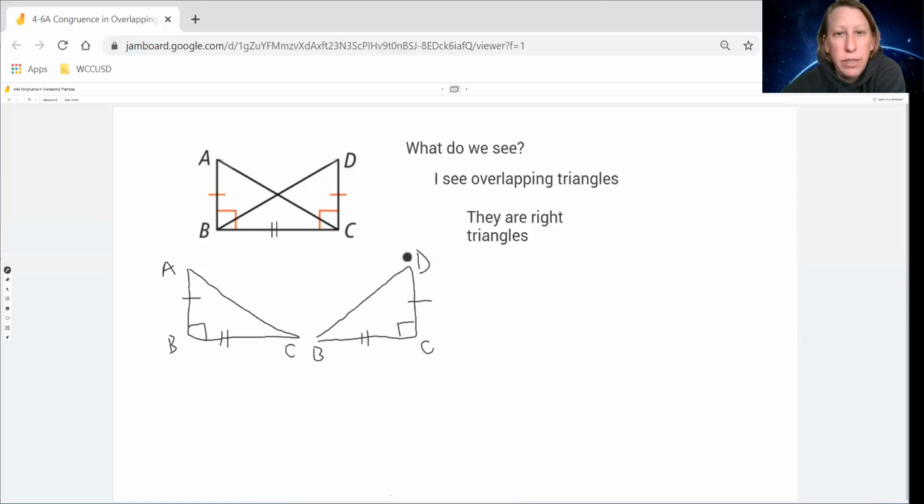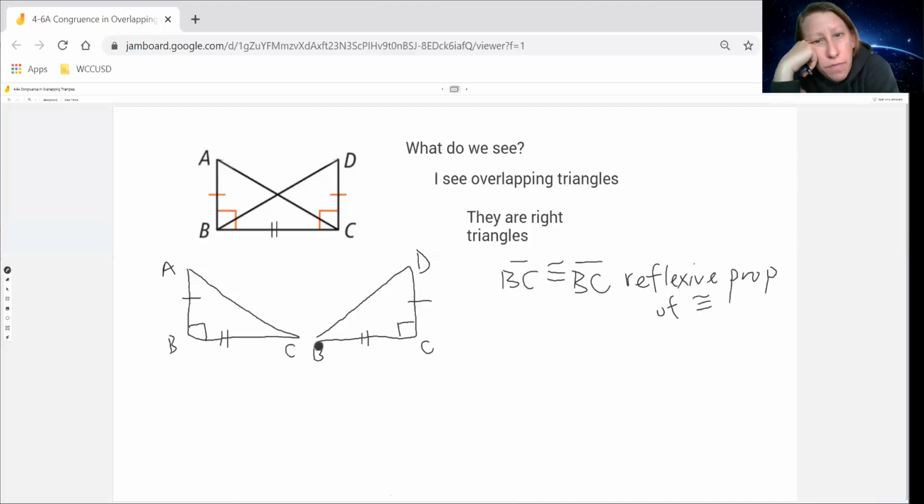How do we know that side BC is the same as side BC? Yeah, that's the reflexive property. You guys are getting used to that one. That's good. Reflexive property of congruence.